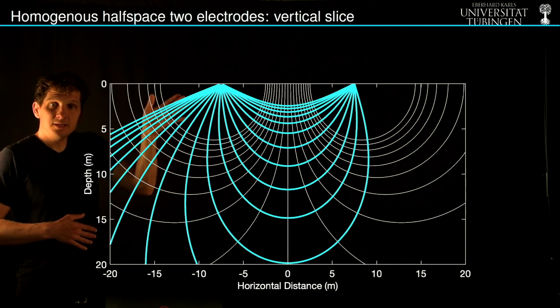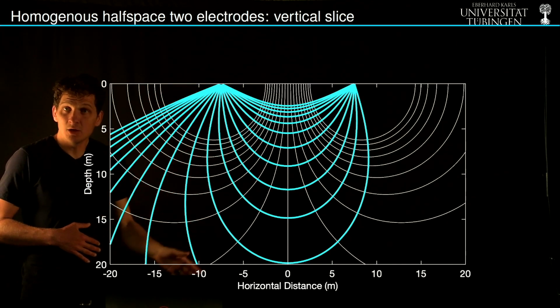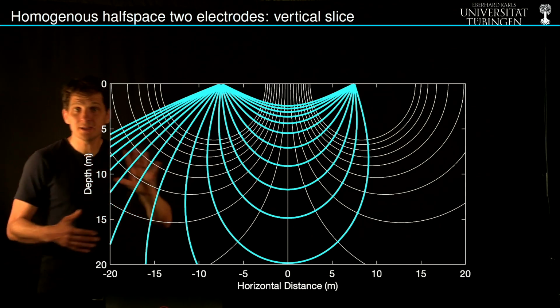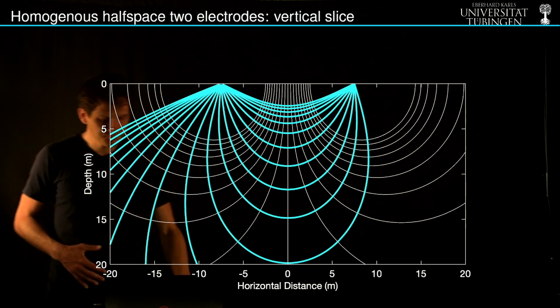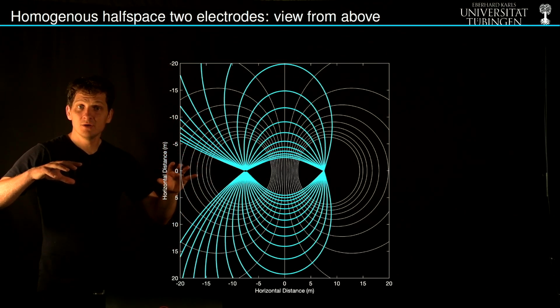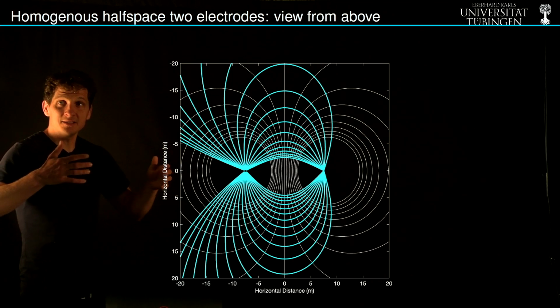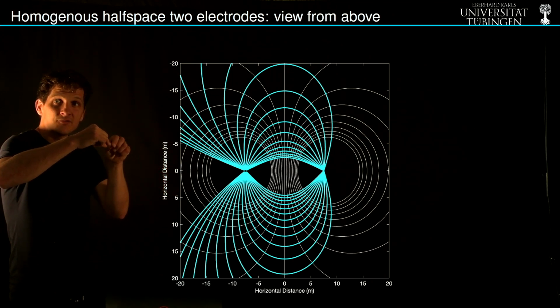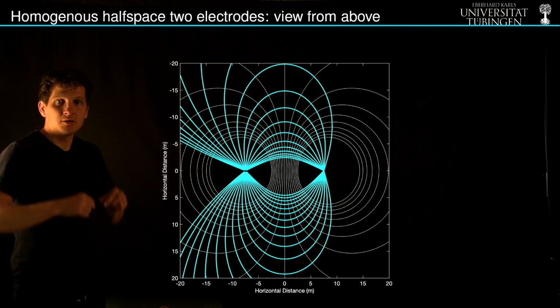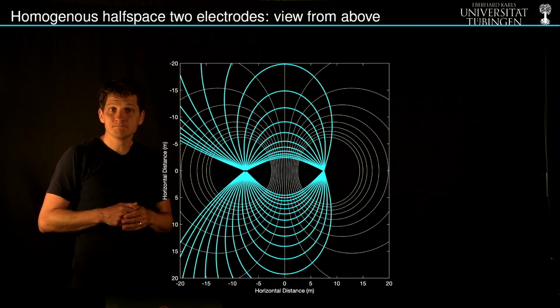Remember that this is only a vertical slice along the central axis, but we will also have currents flowing into and out of the plane, and the next picture shows this from a bird's eye perspective from above, illustrating the three-dimensional nature. So the current flow lines will also extend laterally from our central array.